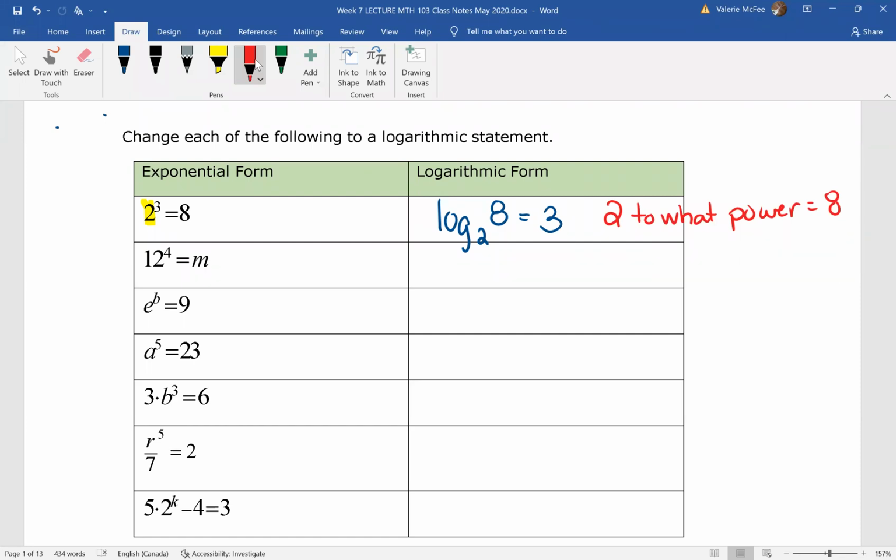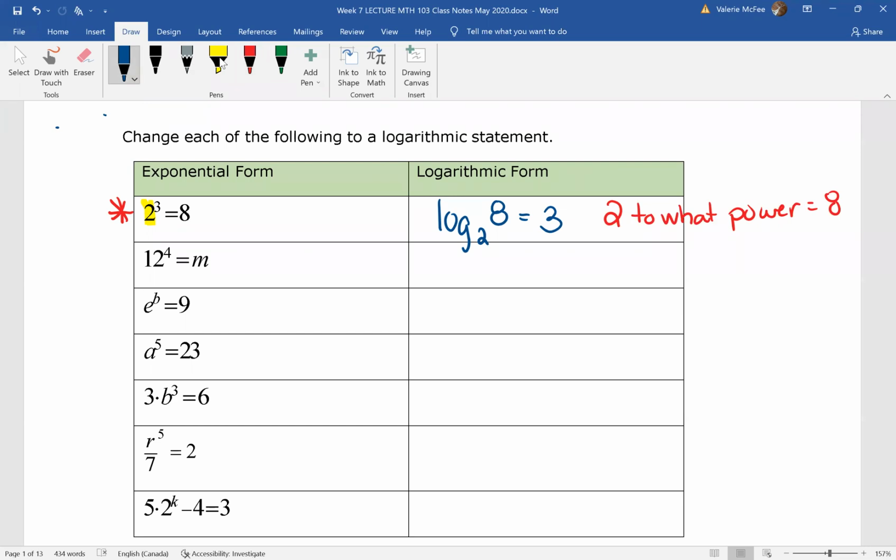This first one is a really good example to memorize and to use whenever you get confused. Because when I look at the next question, 12 to the power of 4 equals m, 12 to the power of 4 is just too big. I can't think about that easily, and it doesn't even matter what m is. But I can use that first example to help me change it.